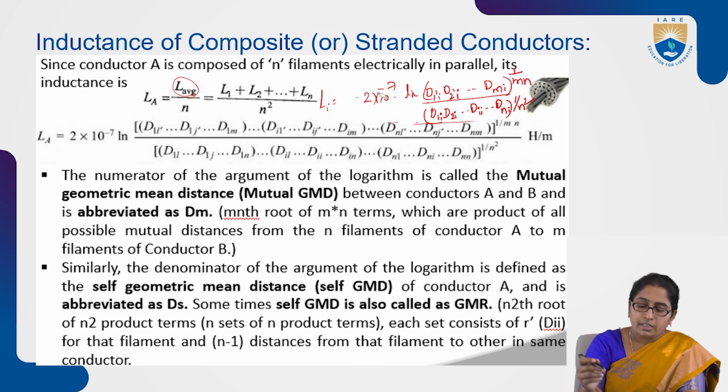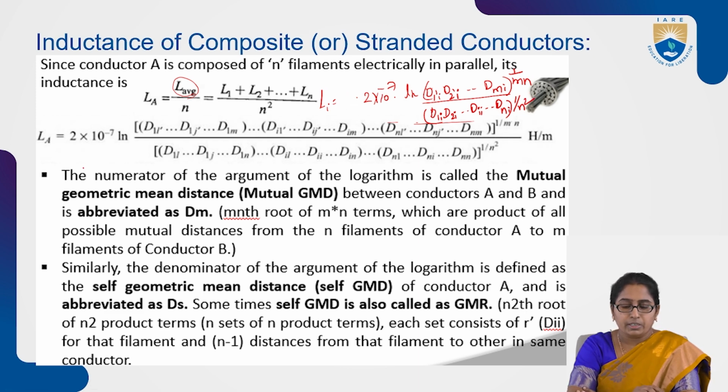So finally the total inductance expression: La is equal to 2 into 10 power minus 7 log of the logarithmic terms, all the terms whole power 1 by mn in the numerator, 1 by n square in the denominator.